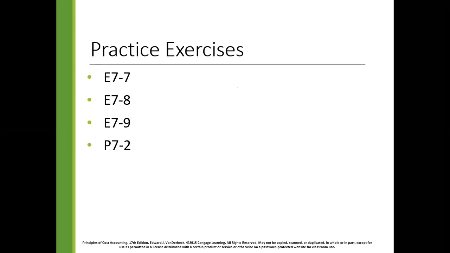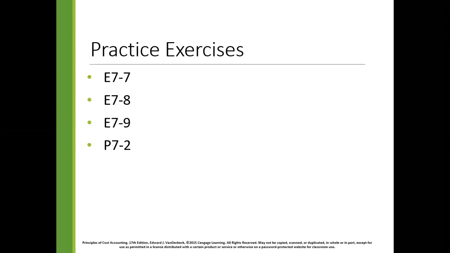Okay, here are some of the exercises that we're going to be looking at together. For your homework, the exercises begin on page 398. For your homework, you guys are doing exercise 7.1, 7.3, and 7.6.